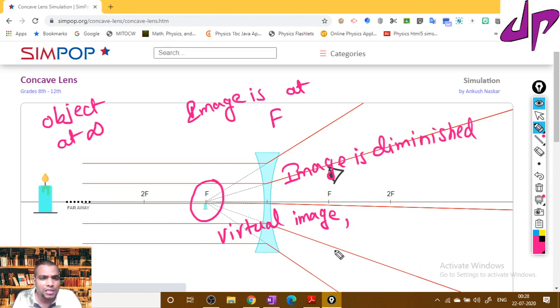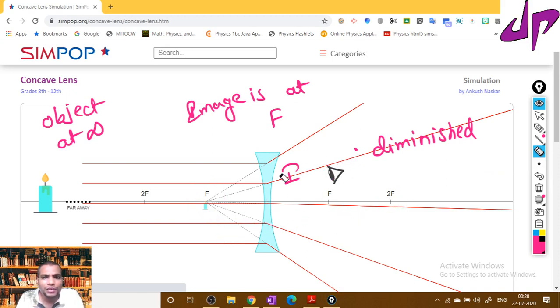And the nature of the image is virtual and erect, upright. So if the object is at infinity for a concave lens, the image forms at focus, the image is very small in size, very diminished, and the image is virtual.